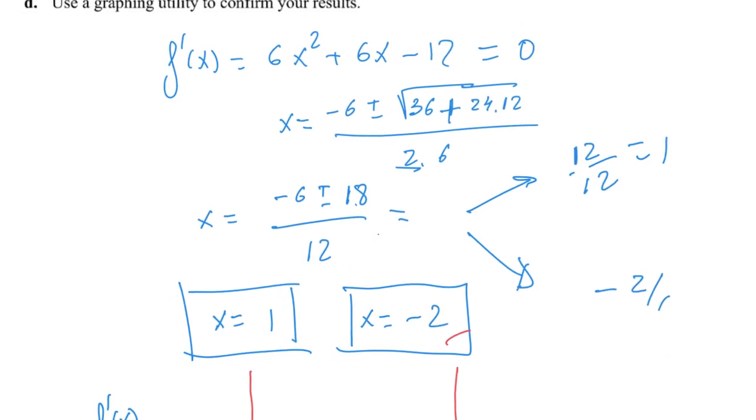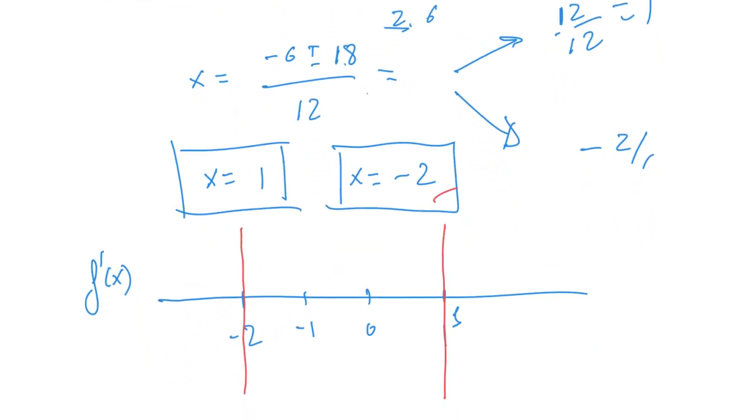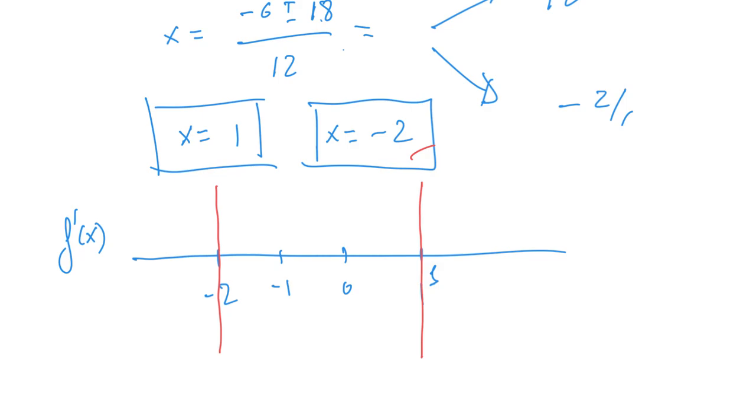If I plug x equals 0, the derivative will be 0 plus 0, 6 by 0 is 0, minus 12 will be negative. So I can draw my function here, which is negative on this interval.